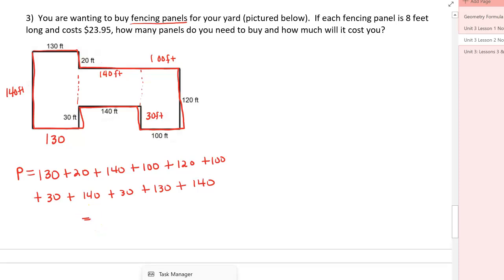And if I add all of those together, I'm going to get 1,080 feet. So that's how much distance I have to cover.